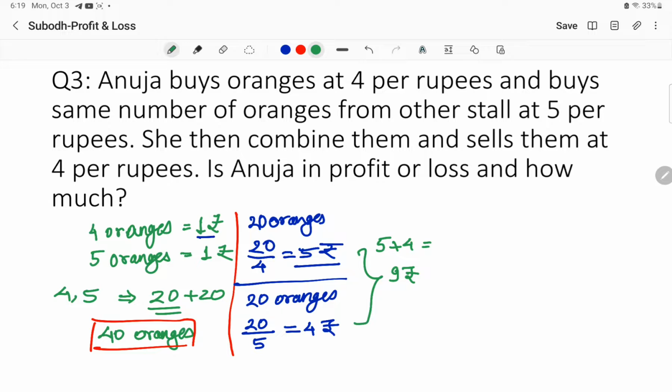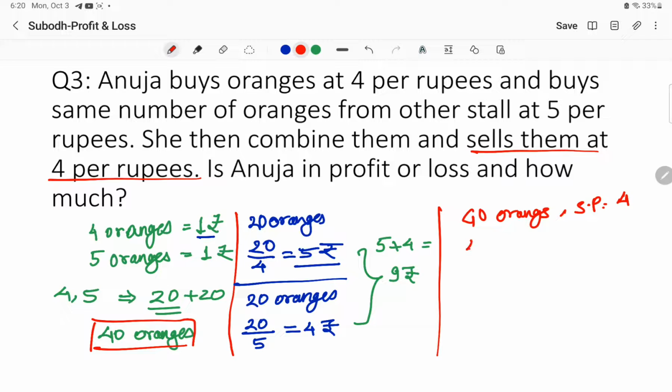Okay. And now in the question it is mentioned that after combining the oranges she sells them at 4 per rupee. So now she has 40 oranges, right, and she sells them at 4 oranges for 1 rupee.